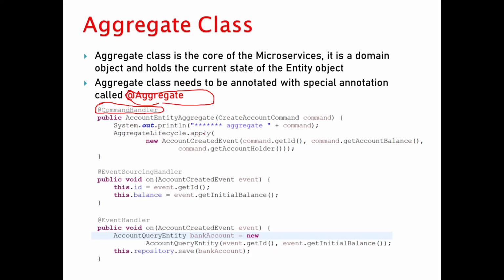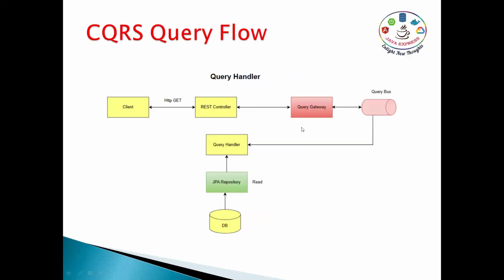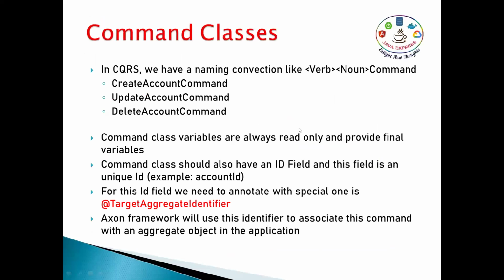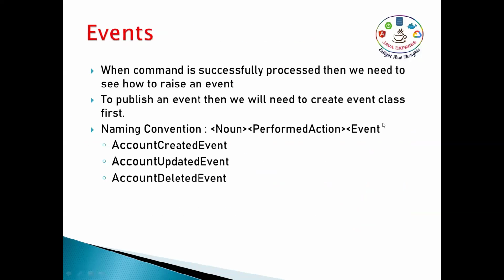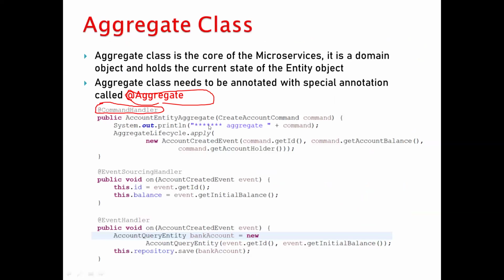annotation. We'll have a command handler. If you remember this diagram, whenever we dispatch through the command gateway to the command bus, we'll have command handlers. That command handler will receive the creation of the account, which starts the life cycle of the account, then we'll dispatch to the event bus.